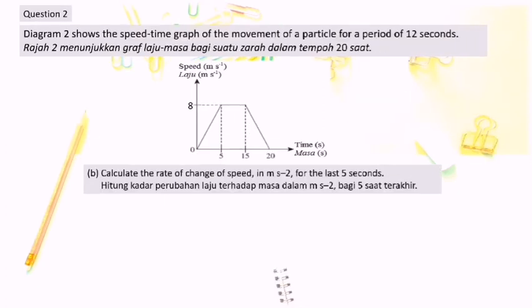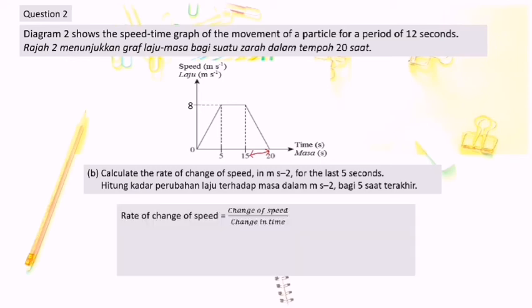B. Calculate the rate of change of speed in meters per second squared for the last 5 seconds. The last 5 seconds is here. 20 minus 15 equals 5 seconds.